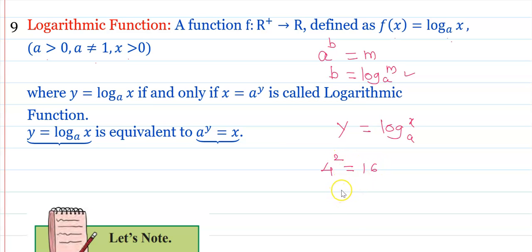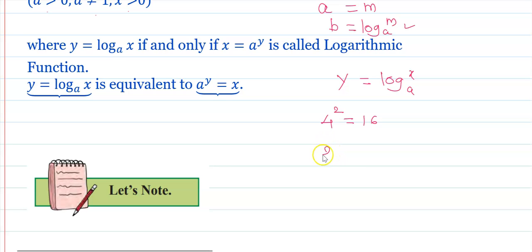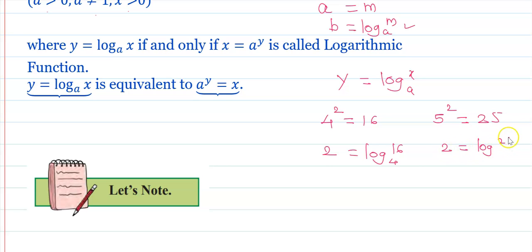This can be written in log form as 2 is equal to log of 16 to the base 4. Next, 5 raised to 2 is equal to 25. Again, 2 is equal to log of 25 to the base 5.